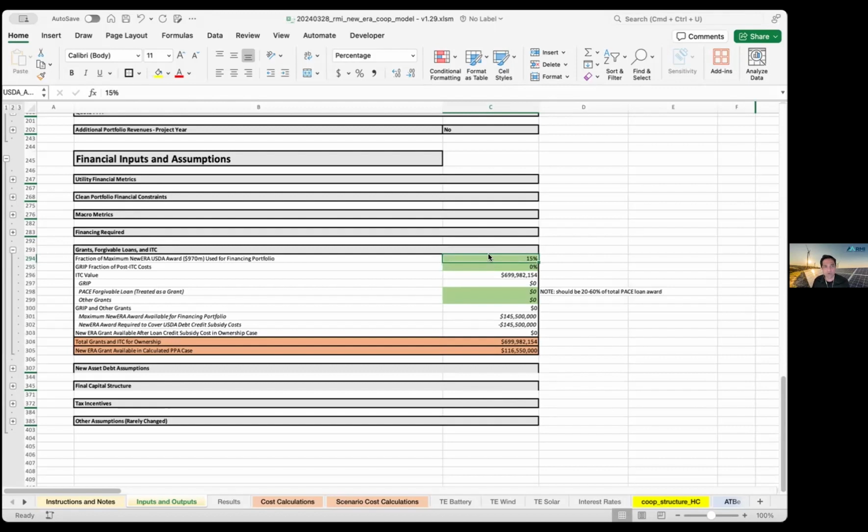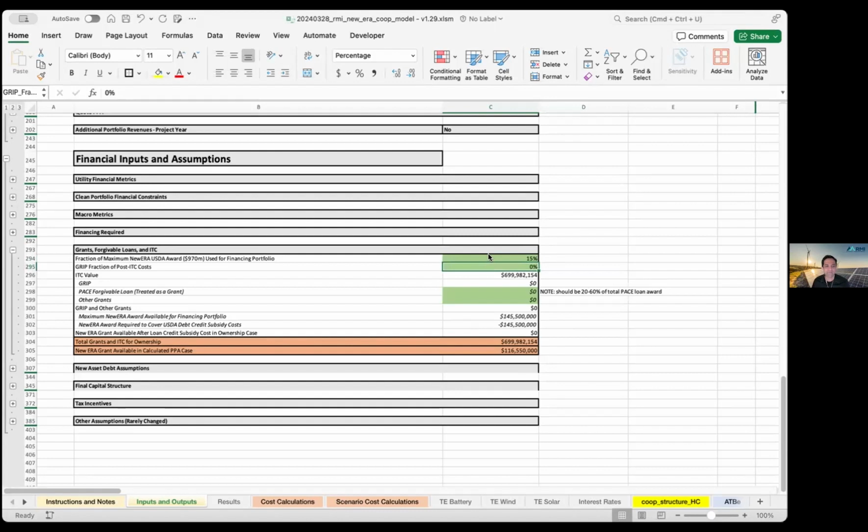Now, let's suppose your award is less than that. Well, you start with that lower percentage and then set here a percentage of the $970 million that you would like to deploy to this one. And next, you can check in your full scenario that the sum is equivalent to the percentage of the $970 million that you've actually been awarded.